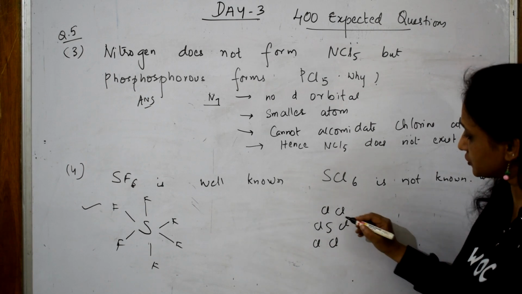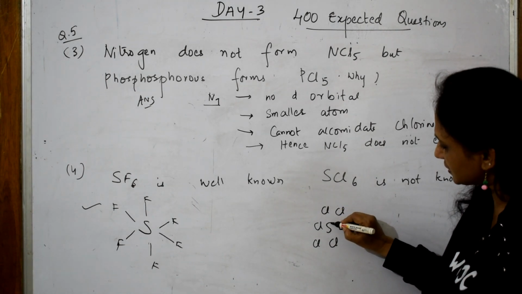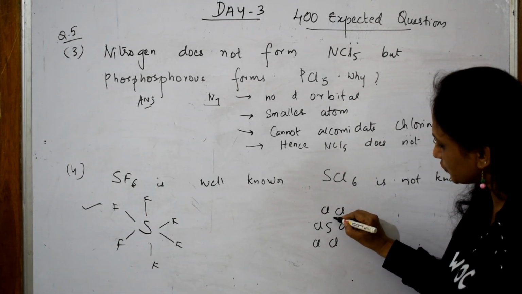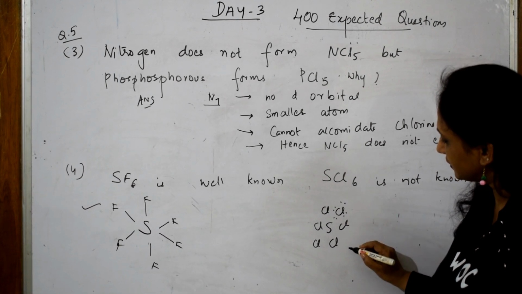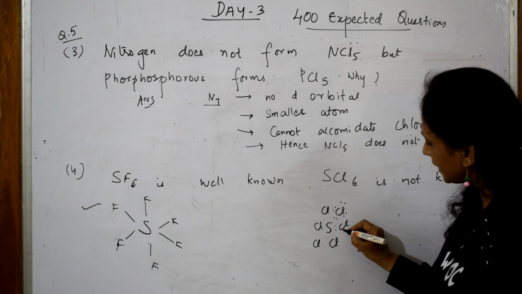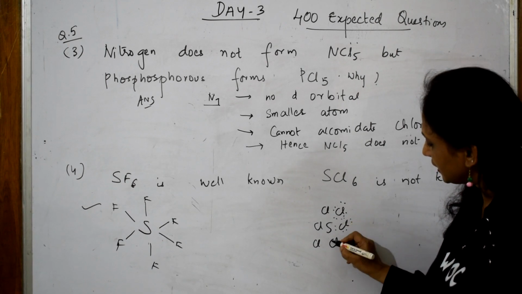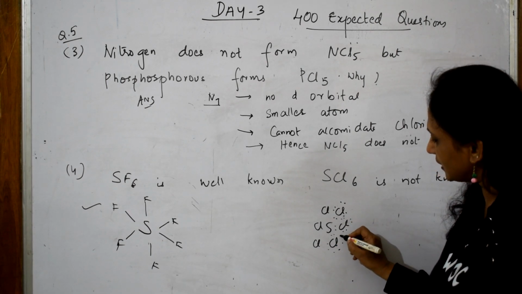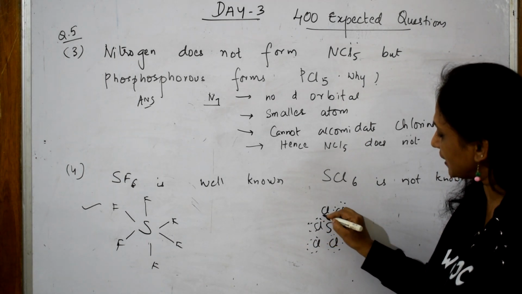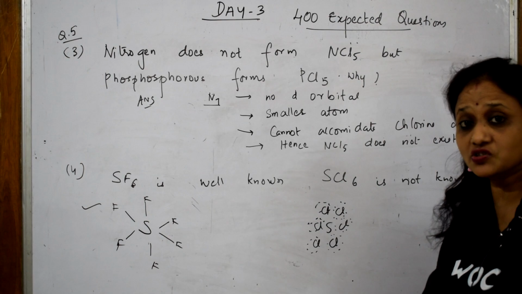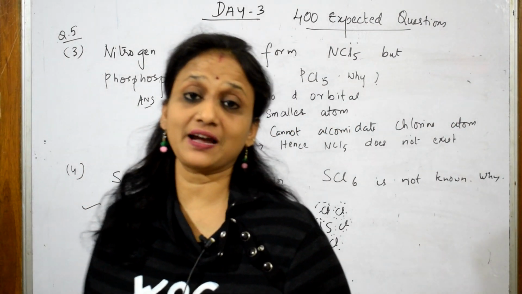Now, let us fill the electrons. Chlorine, this sulfur 1, 2, 3, 4, 5, 6, 7 and 8. Like that, for every chlorine atom there are electrons. So what is going to happen? There are a lot of electrons, which is causing what? Steric factor.